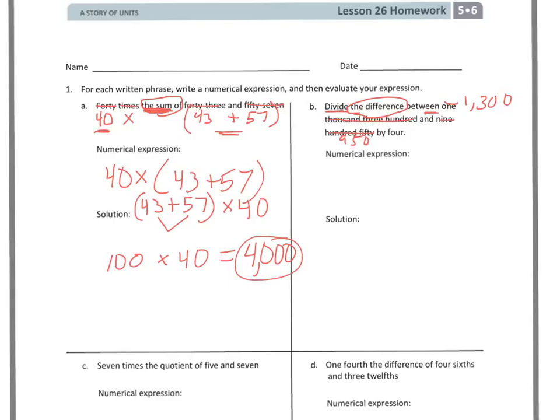So I have to divide 1,300 by the difference of this. So I'm going to subtract these, then divide by 4. But I know I have to divide the difference, so I have to solve this first, meaning the answer to a subtraction problem. So I would subtract these out first and then divide by 4.